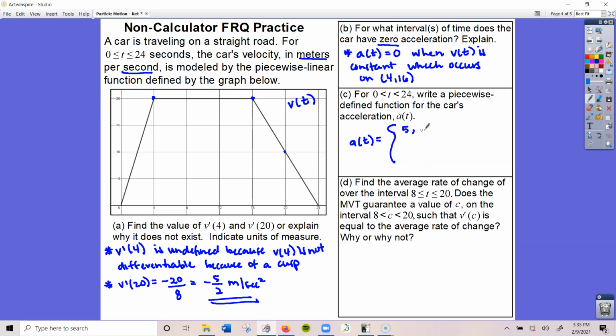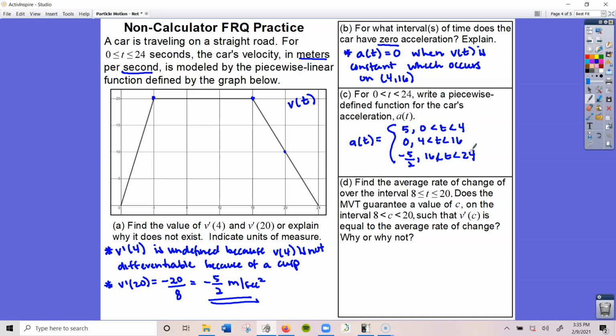And that would be on the interval 0 is less than t is less than 4. Then we already stated that the slope here is 0, and that's on the interval 4 is less than t is less than 16. Finally here, we found this slope already. That's this number, right? So that is negative 5 over 2 on the interval 16 is less than t is less than 24. And that would be my piecewise function.